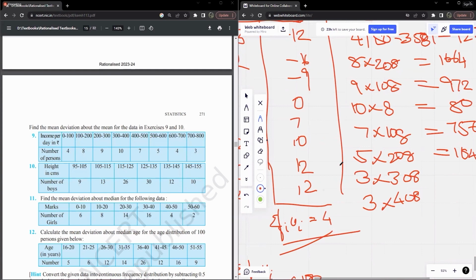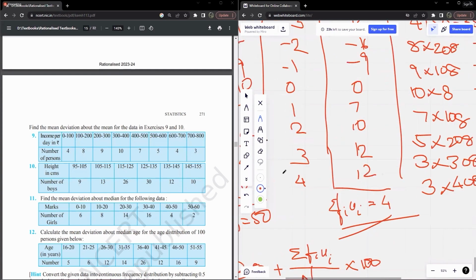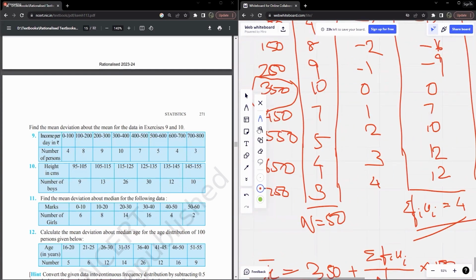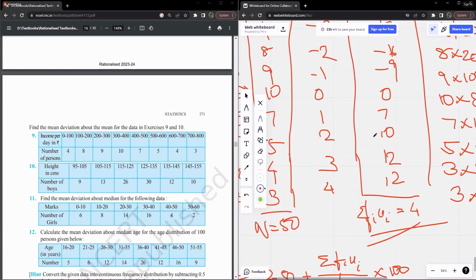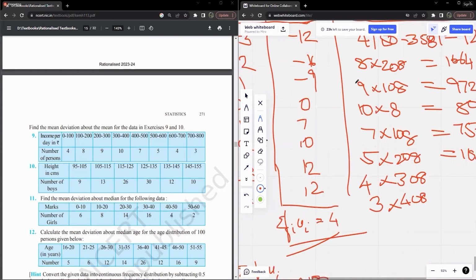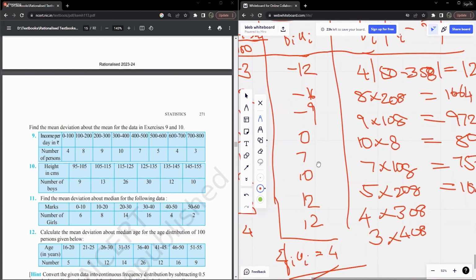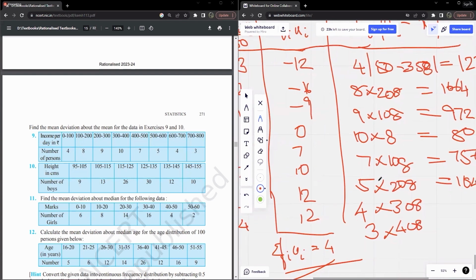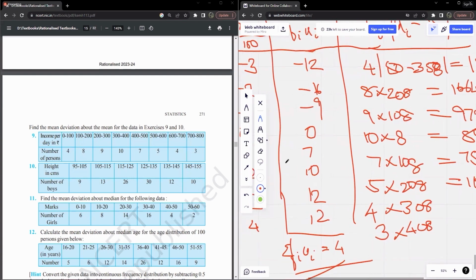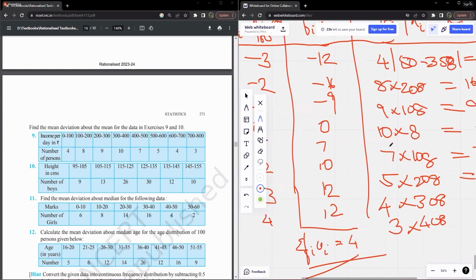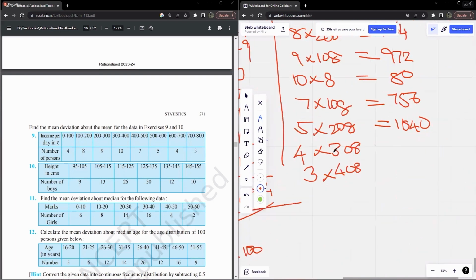Wait a minute, this is 4 into, I'm sorry. This will be 4 into 308. So we'll have this, which is 1232 again, 1232, and this will be 1224.